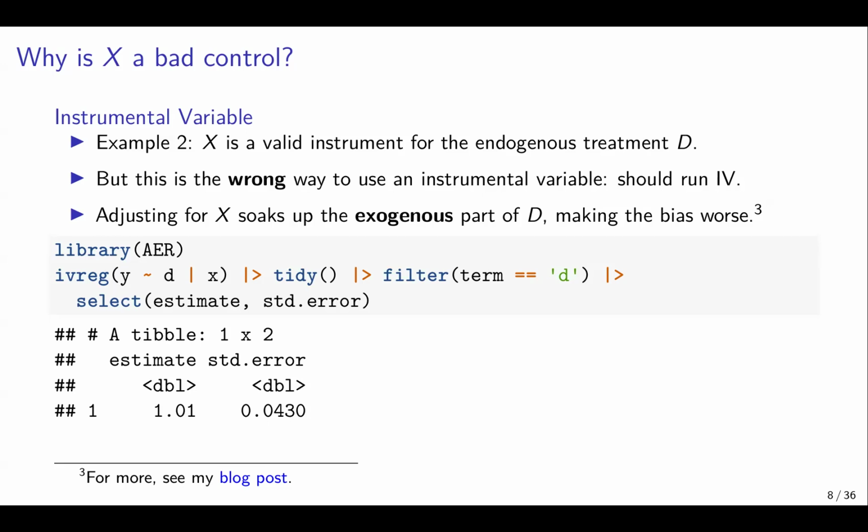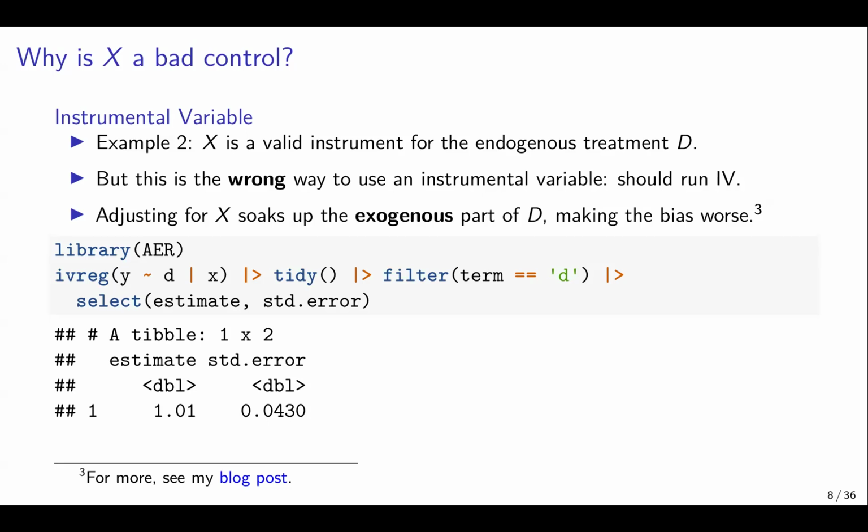Adjusting for this x, which as I said is a valid instrument, actually soaks up the exogenous component of D. And that has the effect of making the bias worse than it otherwise would have been. We saw that's exactly what happened in the example on the previous slide.